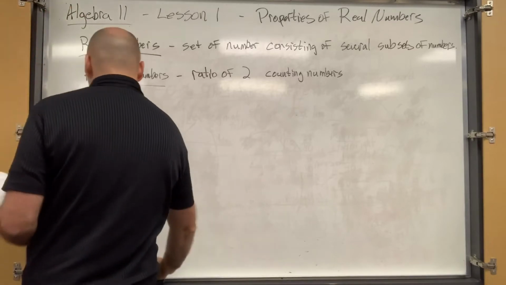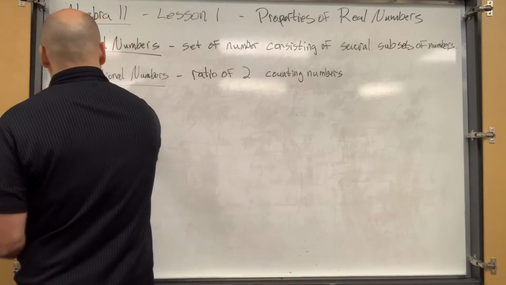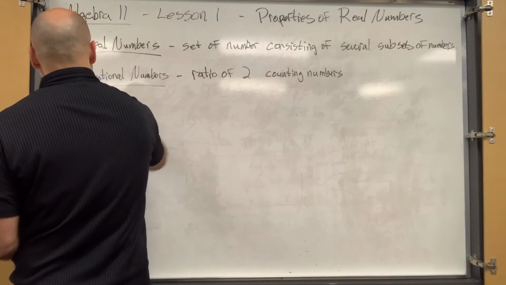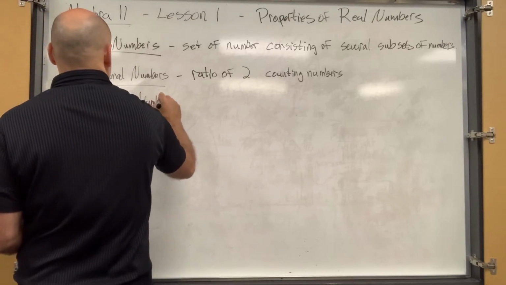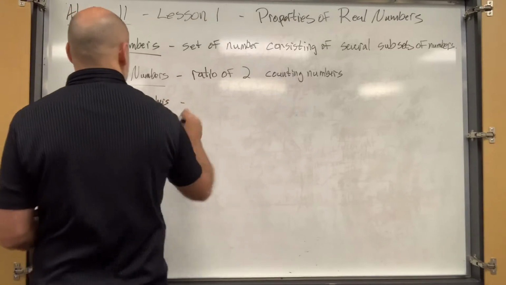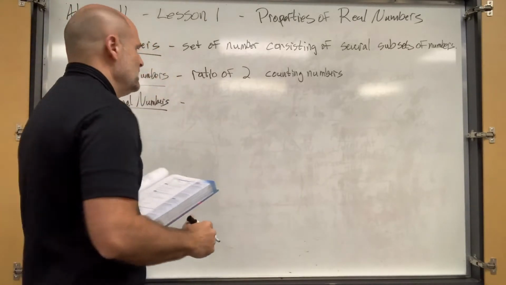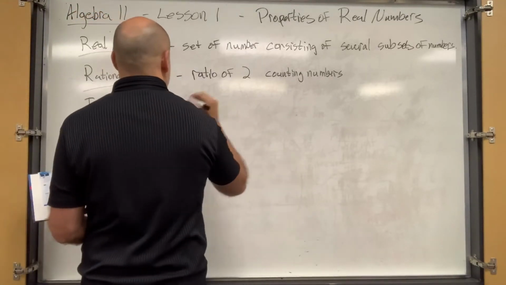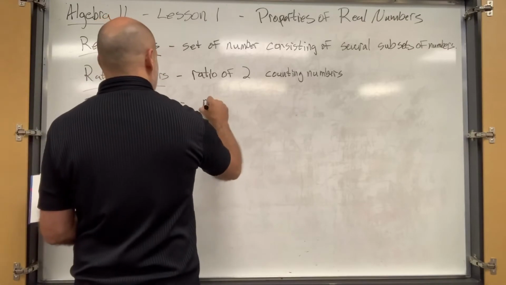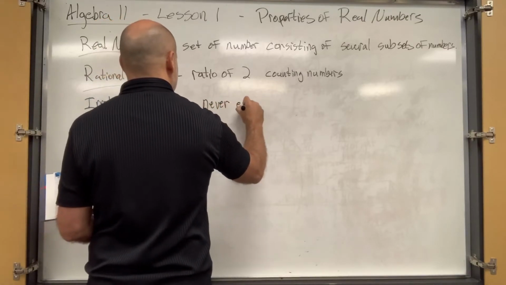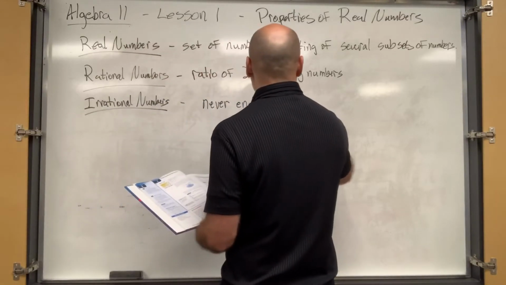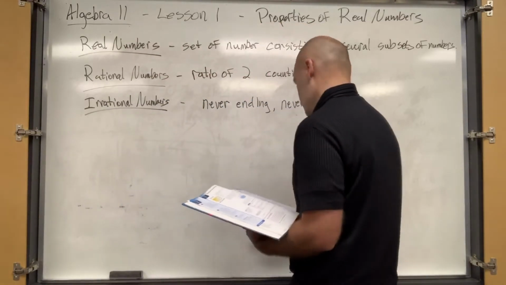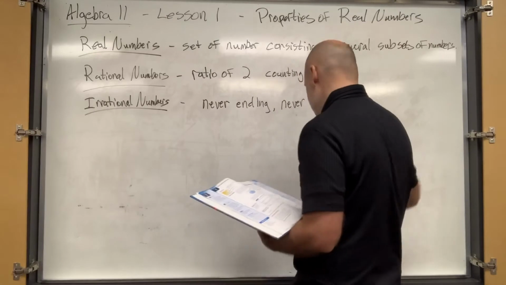So irrational numbers are ones you can't write as a fraction. Okay, another way to define it is if you were to write this out, it would be a never-ending, never repeating decimal.